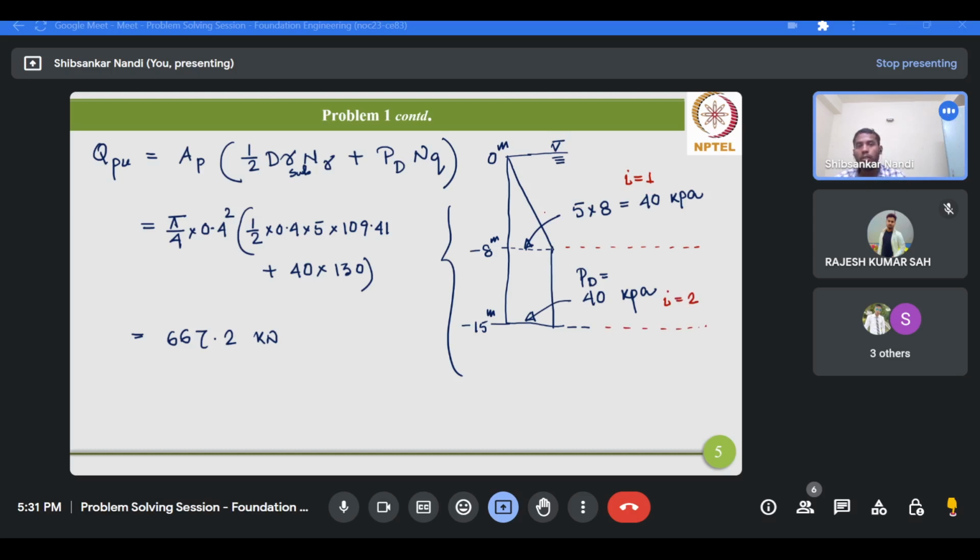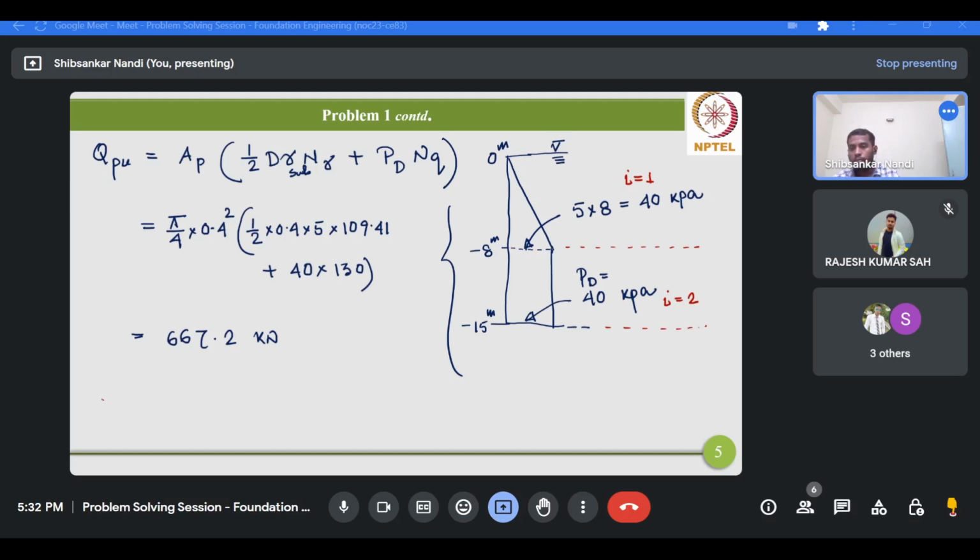Depending on the variation, you have to divide the given soil mass into layers. For this problem we divide it into two layers, because in the first layer the effective overburden varies from 0 to 40 kPa in a linear fashion, and for the second layer it is constant, it's not varying.